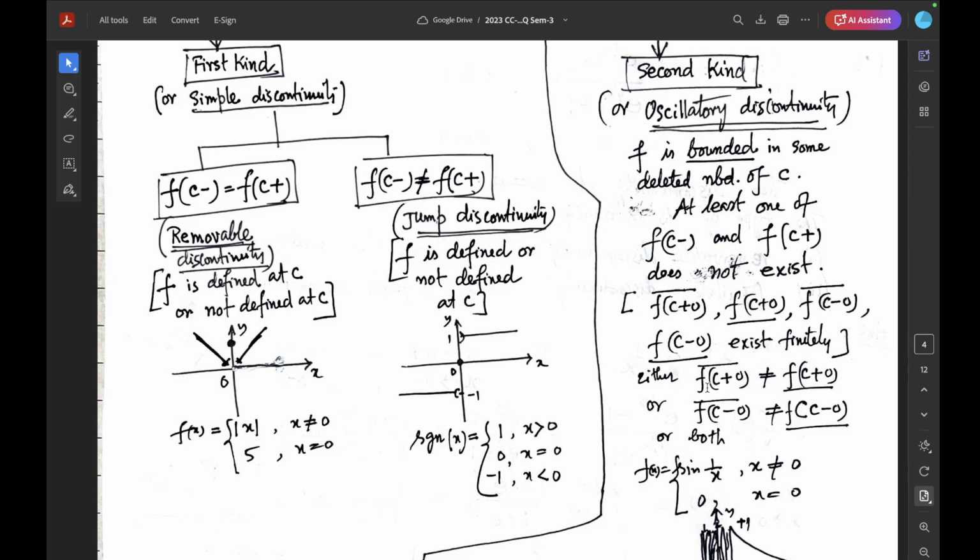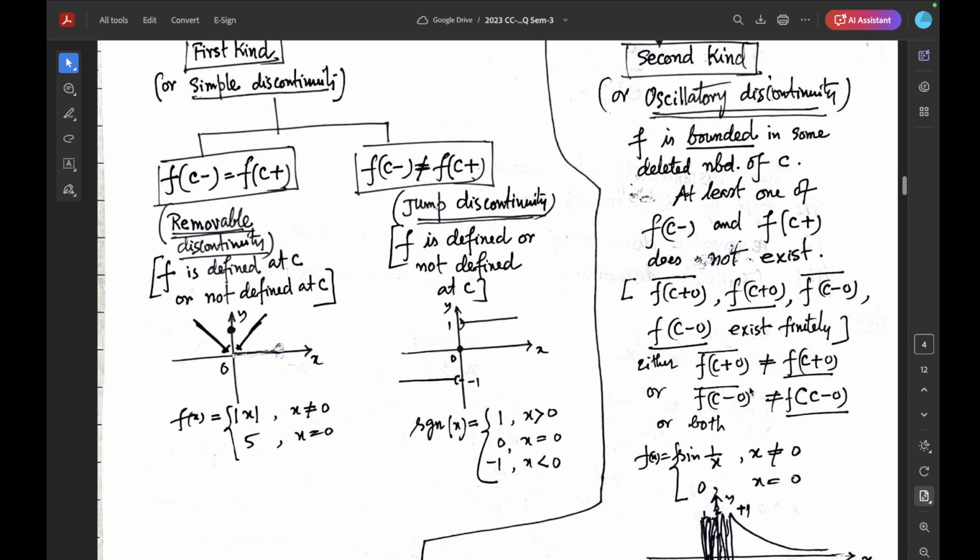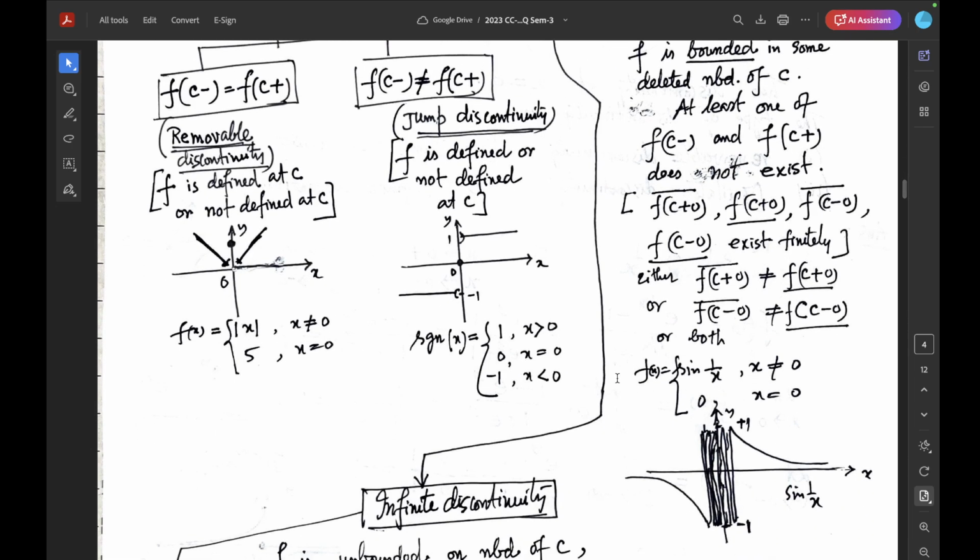And either fc plus 0 upper bar is not equal to fc plus 0 lower bar, meaning fc plus 0 does not exist, or fc minus 0 upper bar is not equal to fc minus 0 lower bar, or both do not exist. But the function is bounded. Example, fx equals sine 1 by x.